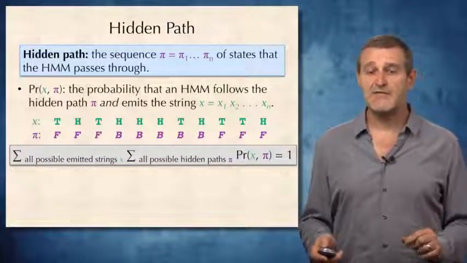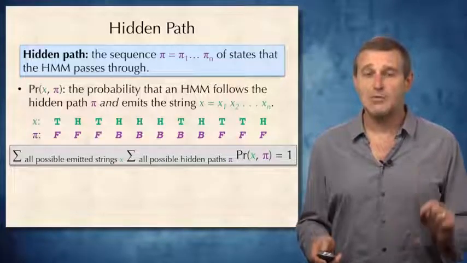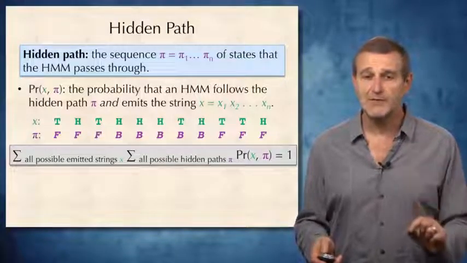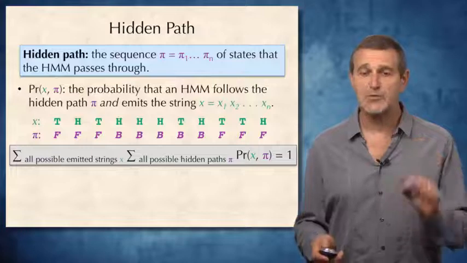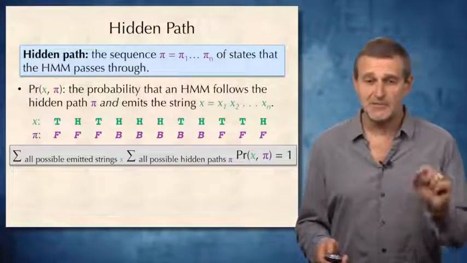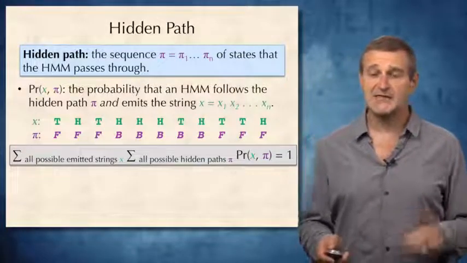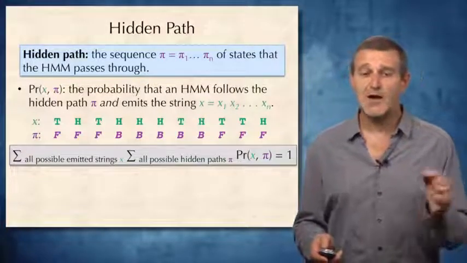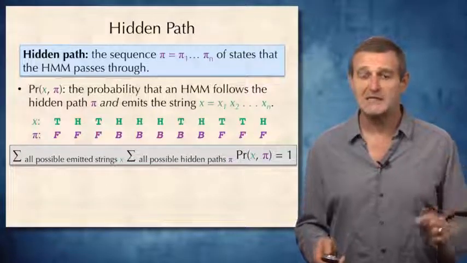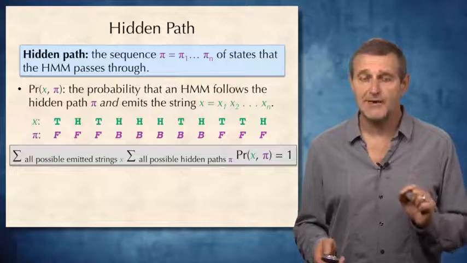Note that if we sum up probabilities of x, pi through all possible strings x and through all possible paths pi, the result will be, of course, 1. So how many summands are in this sum? It is 2 to the power n choices of x multiplied by 2 to the power n choices of pi.